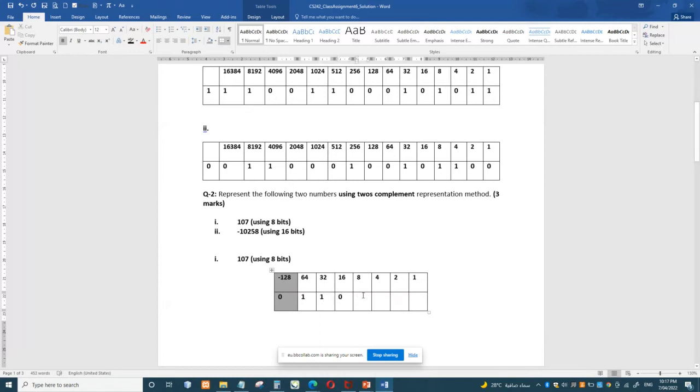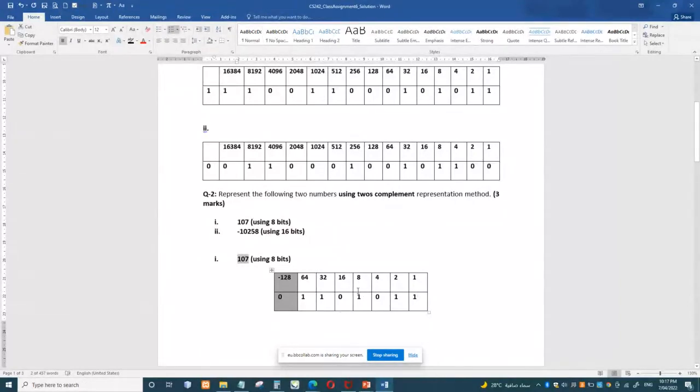We take 8, and we are left with 3, and we don't need 4, but we can take 2 and 1. So 64 plus 32 is 96, plus 8 is 104, plus 3 is 107. So this is the exact representation in 2's complement using 8 bits for 107.